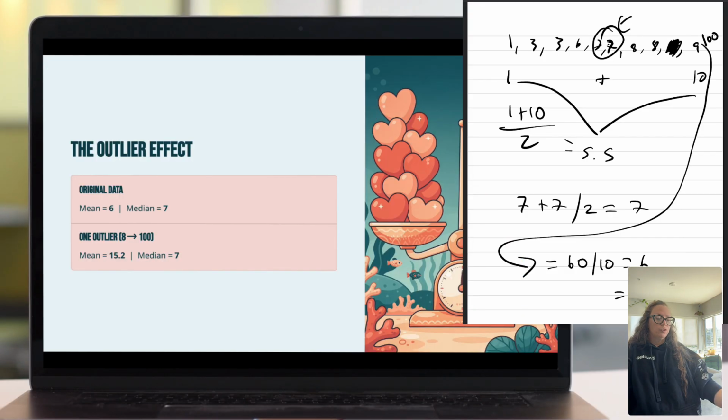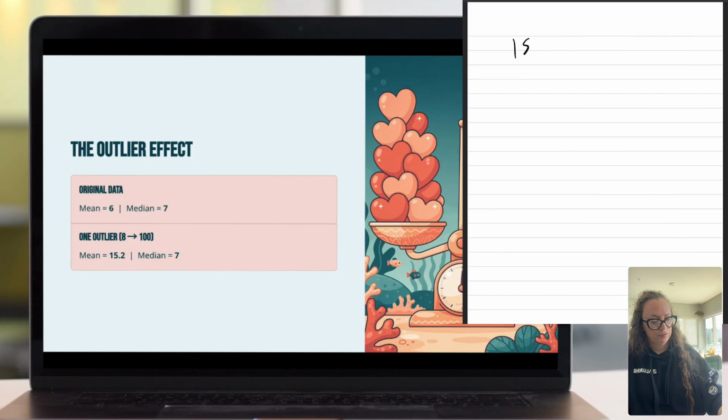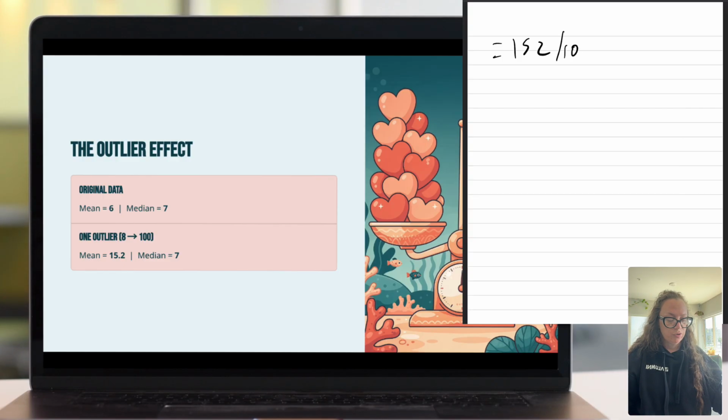So the new sum would be 152, okay? Let me just go to a new page. 152. That's the new total. Okay, 152 divided by 10, because we dropped one of the numbers, equals 15.2. That's the new average, okay?